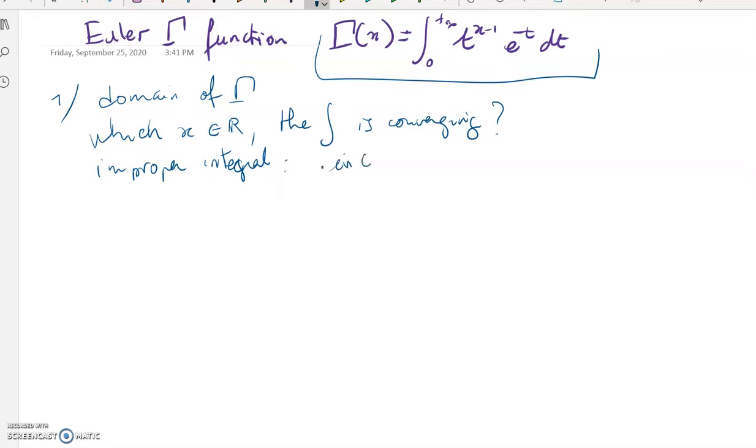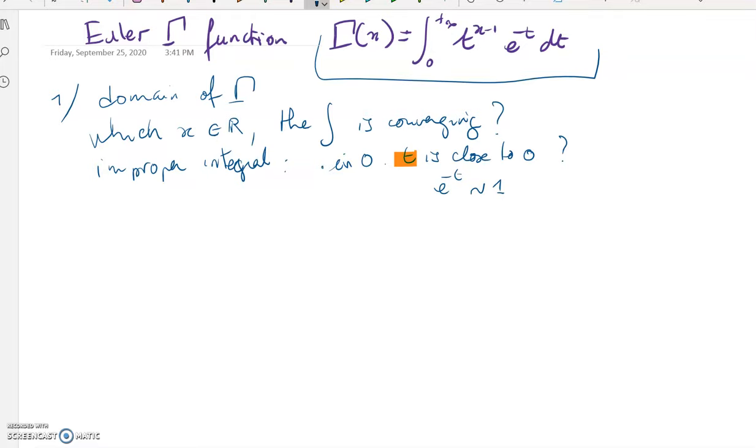So at 0, what do we have when t is close to 0? Be very clear about which variable you're considering. The integration is with respect to t, so that's the t that should be close to 0 or not. When t is close to 0, e to the negative t is very close to 1.